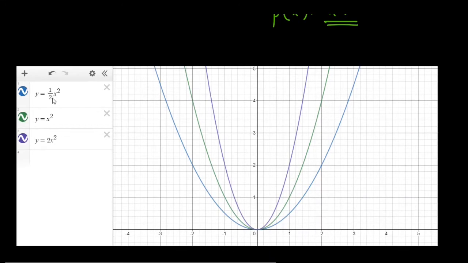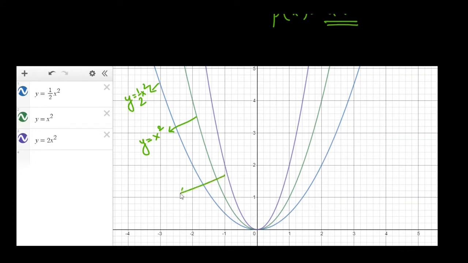Here y is equal to 1 by 2 x square. This blue curve is y is equal to 1 by 2 x square. This green curve is y is equal to x square.